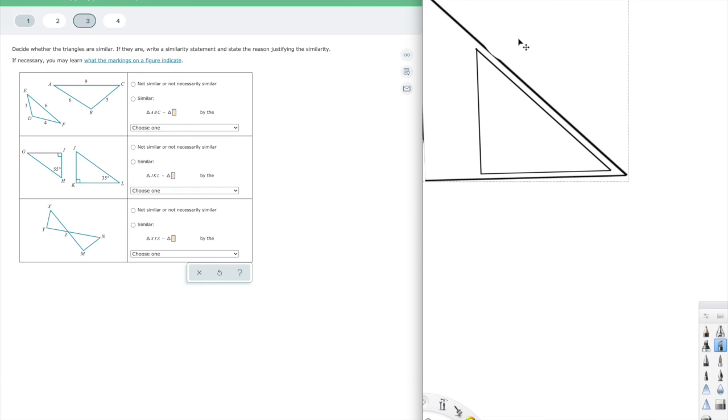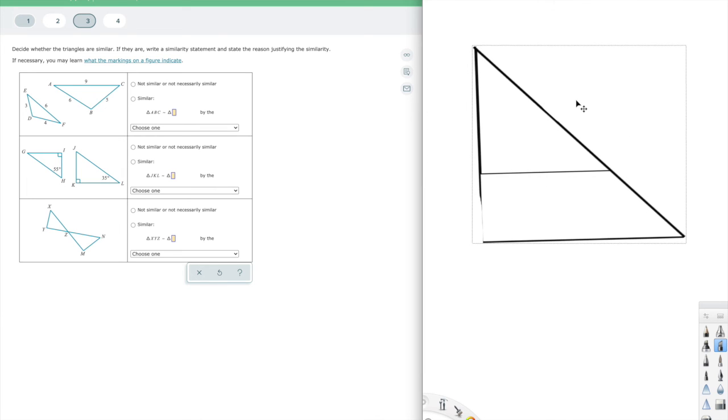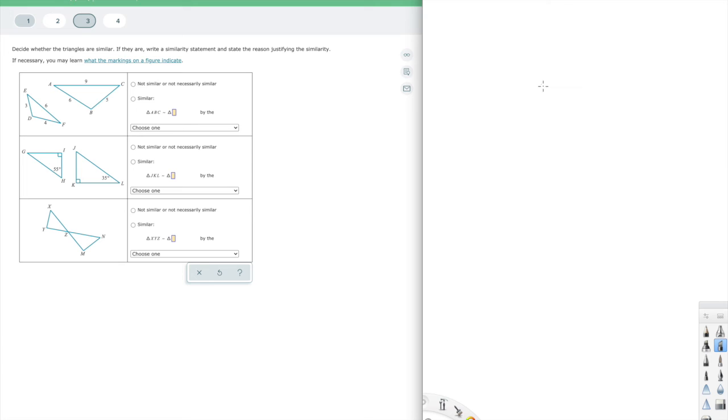But I haven't changed the angles. The side lengths, you should hopefully be able to see, are much larger, right? Because it was this length, now it's this much longer. So I like that diagram because it's very easy for us to see that changing the size doesn't change the angles, but it does change the side lengths.